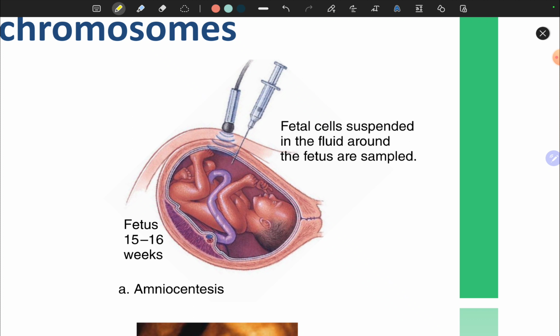Under the guide of ultrasound, usually they introduce this needle and they take amniotic fluid. So this fluid contains fetal cells. So they analyze it to see if there is a chromosomal abnormality or not. So this is amniocentesis.